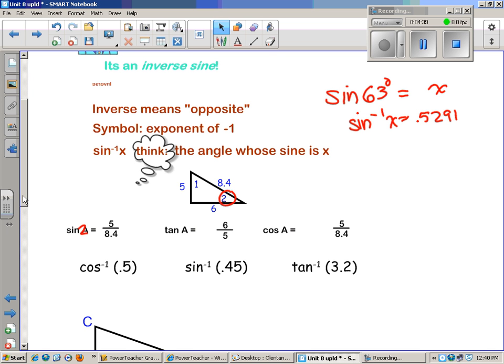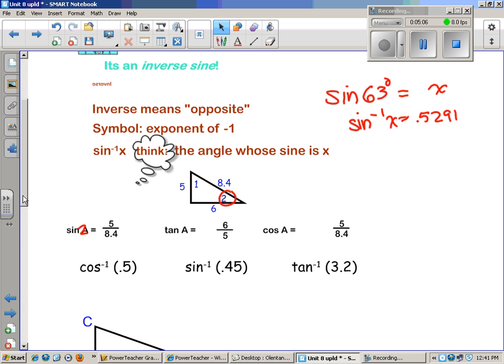Well, if tangent is opposite over adjacent, right? So A is the variable that stands for the angle, like alpha. The smartboard didn't let me type in those Greek letters, so I had to use regular letters. So to find out what angle that is, you type in 6 divided by 5, you get 1.2, right?